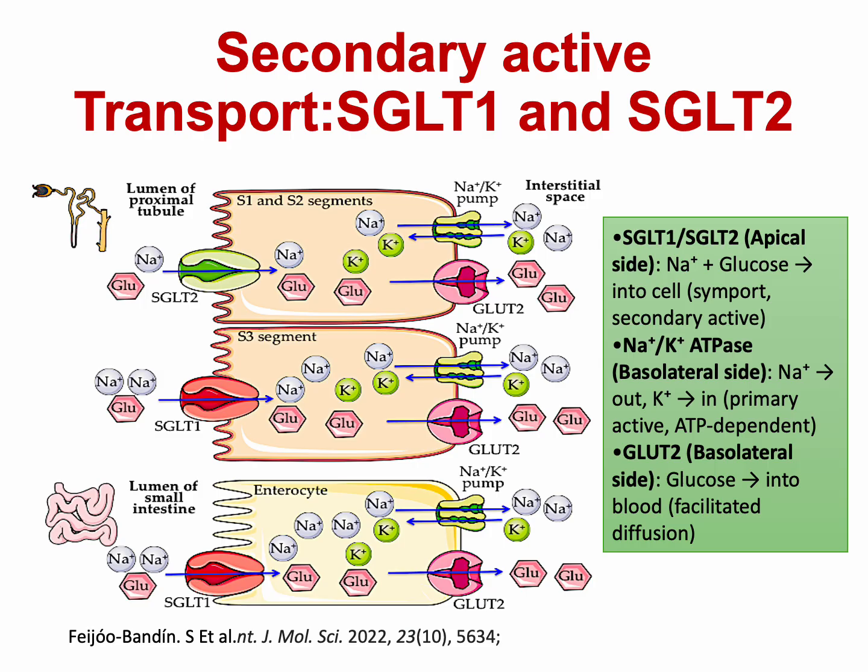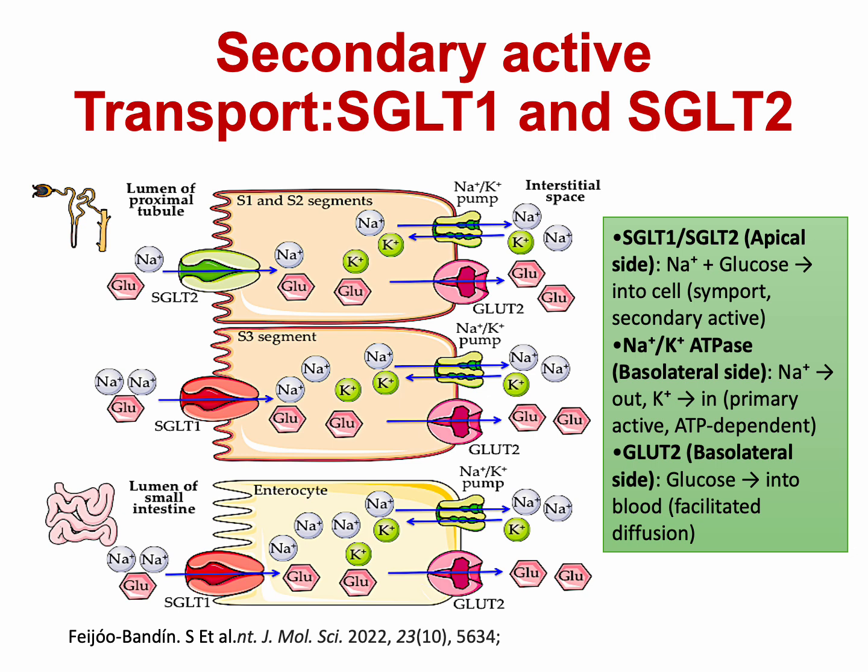Now, it's important to discuss secondary active transport with the use of SGLT1 and SGLT2. SGLT1 and 2 are sodium glucose transporters that use secondary active transport to move glucose into the epithelial cell by coupling it with sodium ion.